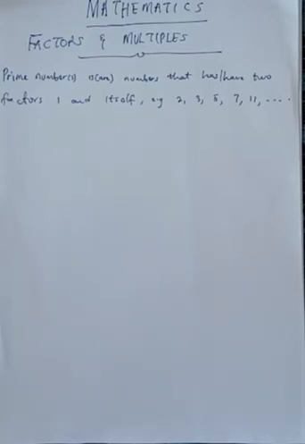Now, if we compare it to what we treated under factors, you can remember I said that to any number we have two extreme factors, the lower extreme factor as well as the upper extreme factor.